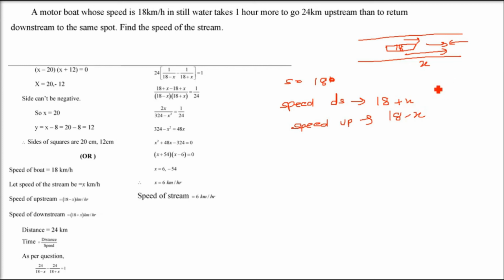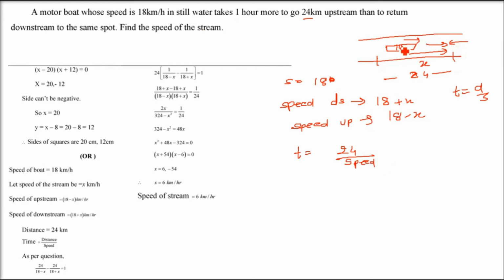Now in the question it's clear there is a 1 hour difference, so let us go for the time. Time is distance by speed. The distance is 24 kilometers for both, upstream and downstream. So the times are 24 by 18 plus x and 24 by 18 minus x. The time difference is 1 hour, and we will utilize this.